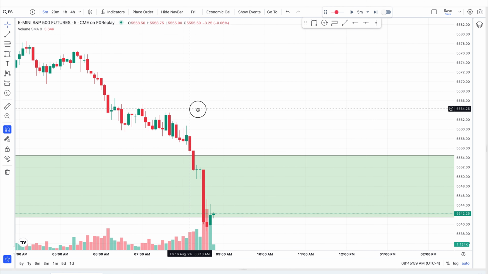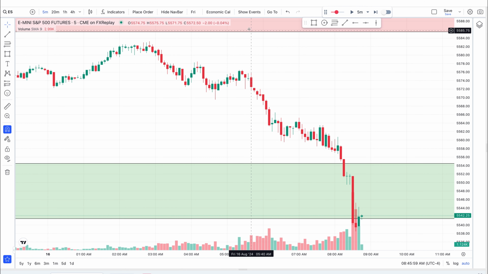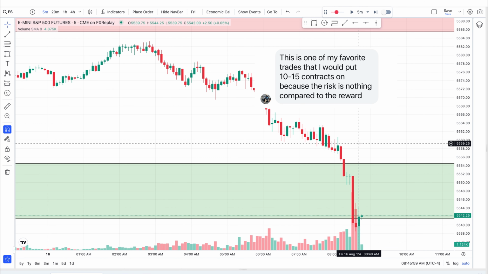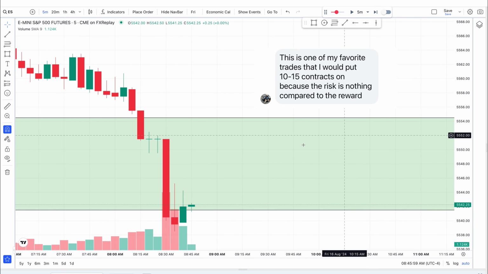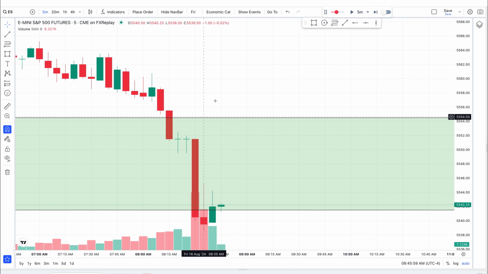Long story short, what's interesting to me is that we went from this being a low probability long to it being one of his favorite long opportunities, and I'm going to tell you why. He had 3 confirmations on this trade to the upside, and I asked him what the confirmations were. The first one is this.